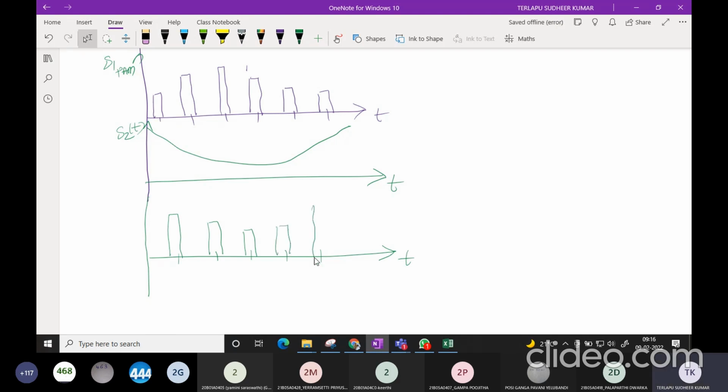Now the amplitude of the pulse increases. This is my flat top sampled S2 of t, S2 PAM.